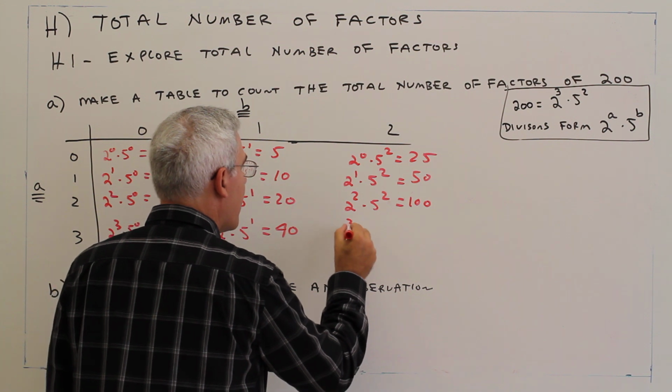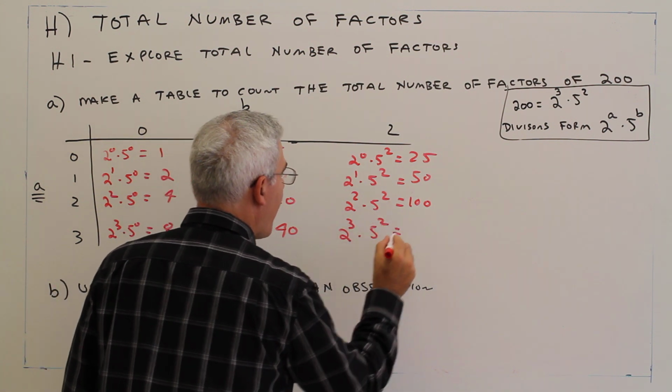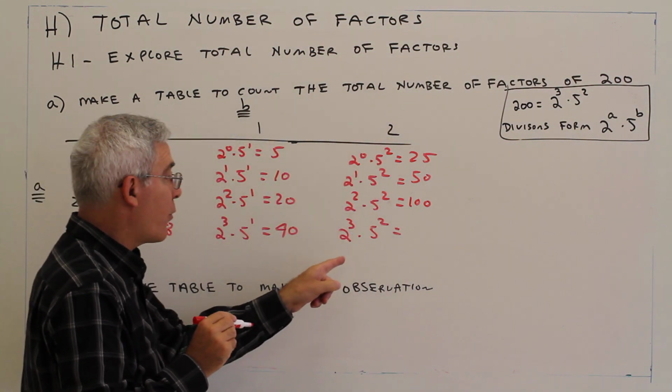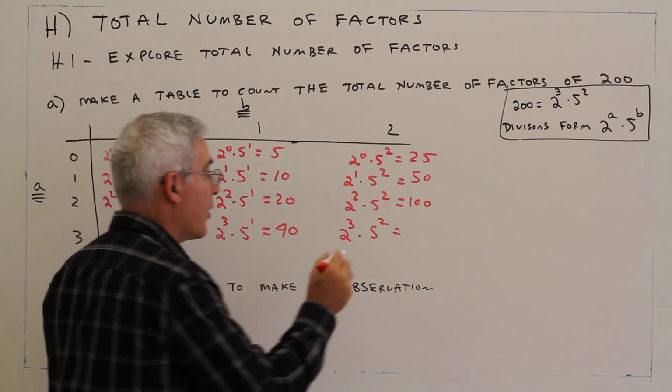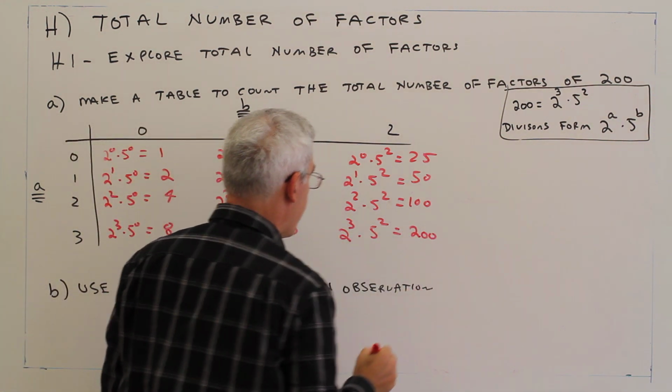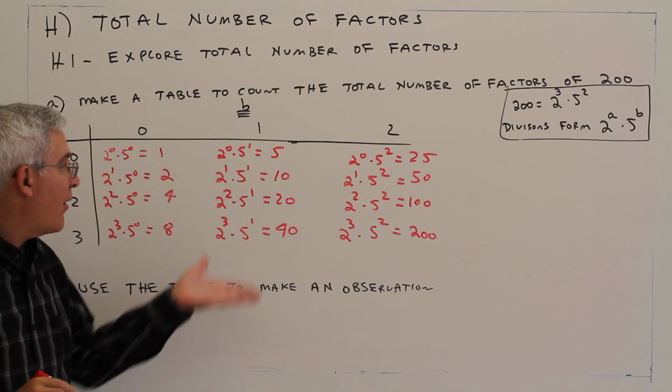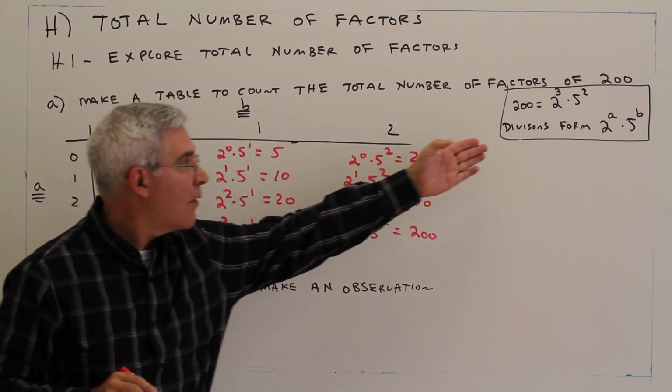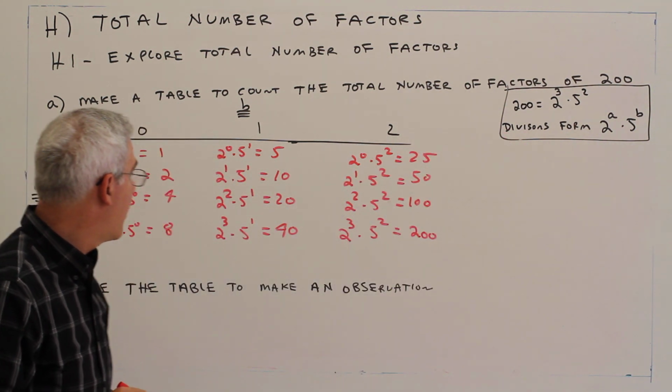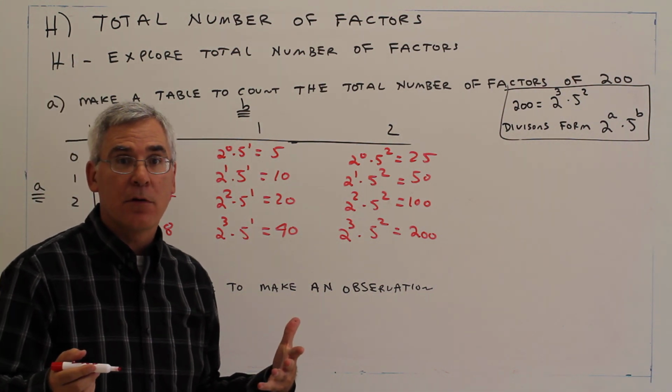And then this one, 2 cubed times 5 squared, that's 8 times 25, 200. All right, so these are all the possible divisors. They're going to have this form. Now we're going to make an observation.